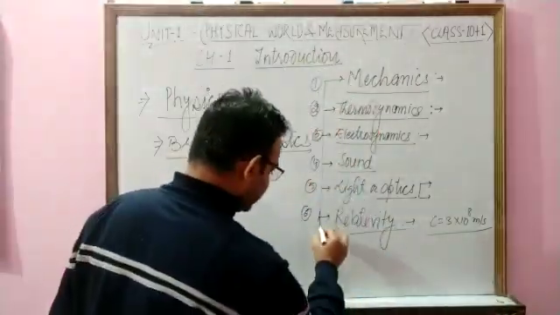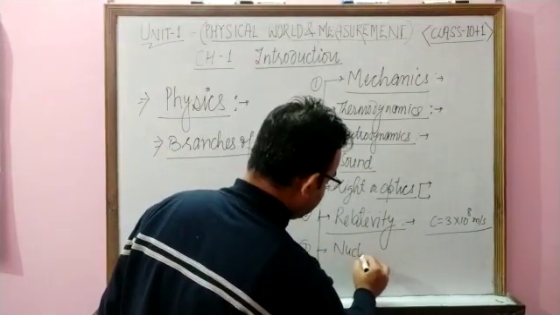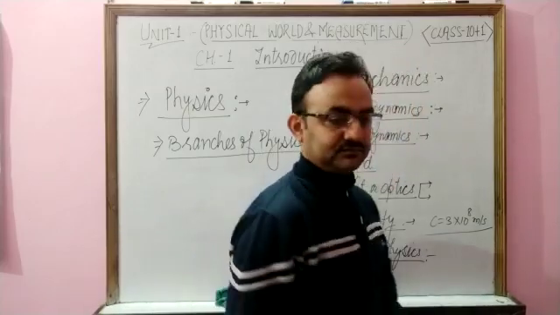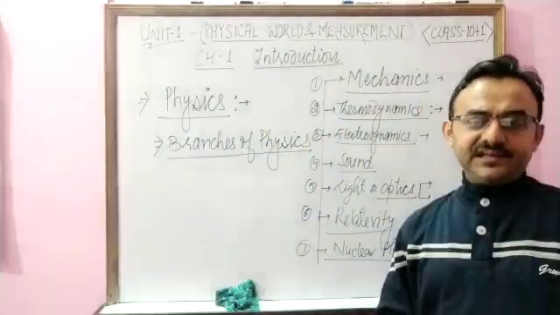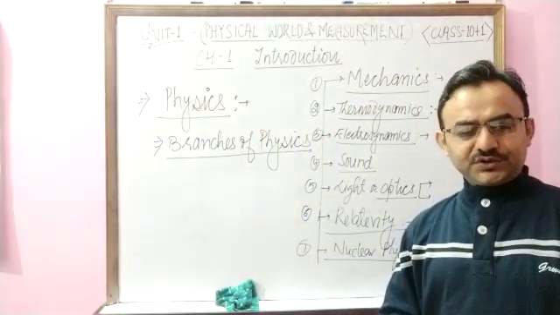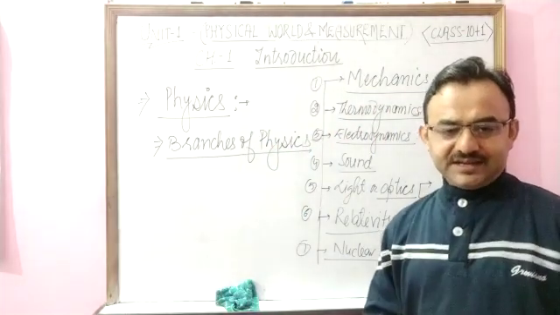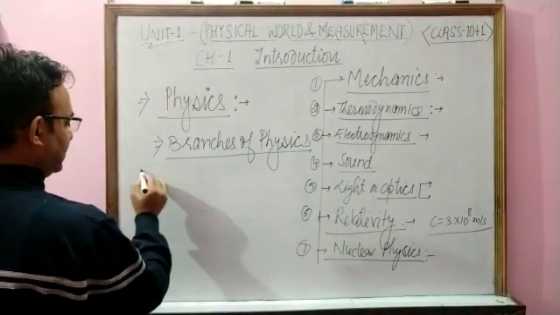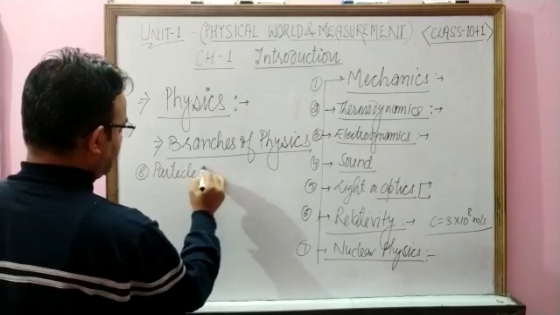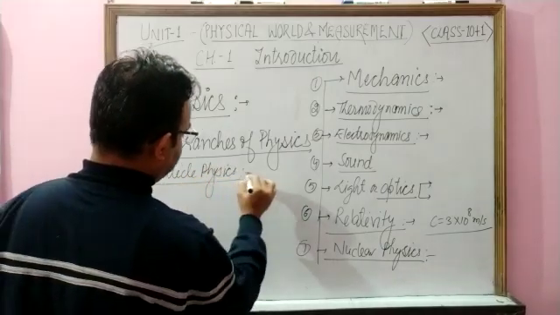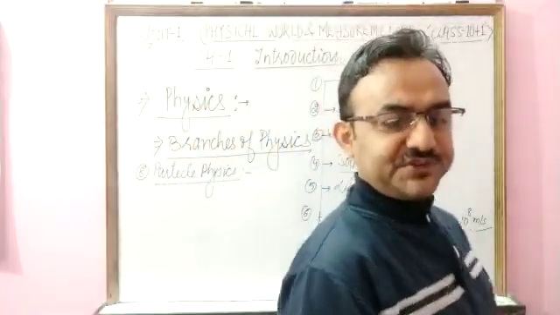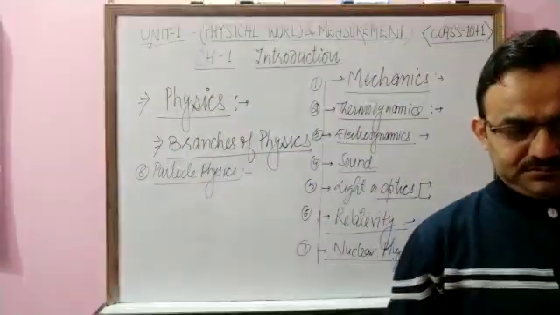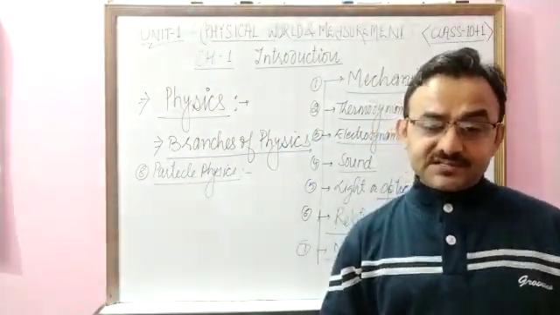Then the next branch is nuclear physics. It deals with the atomic nuclei and their properties like nuclear fusion, nuclear fission, etc. Then the next branch is particle physics, which deals with the ultimate particles of which matter is made up.